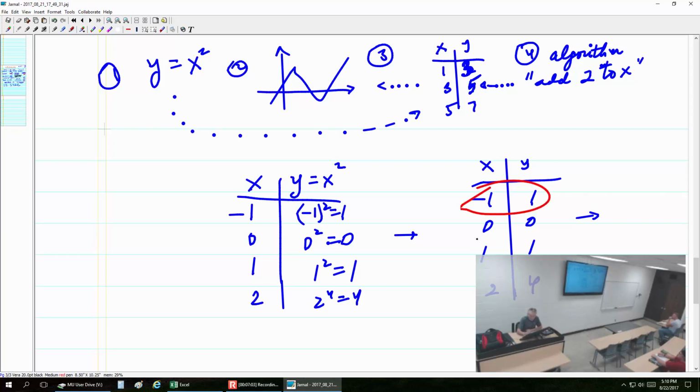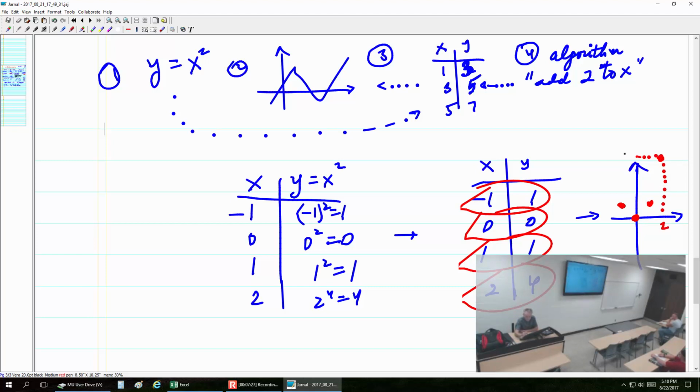These are at least 4 points I would plot on the xy plane. So where are they? -1, 1 over here, then 0, 0, then 1, 1, and 2, 4 here somewhere. So this is 2, and this is 4.